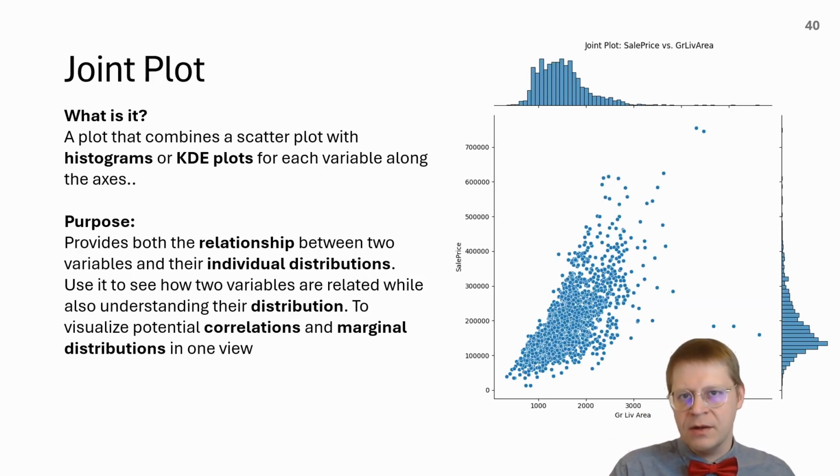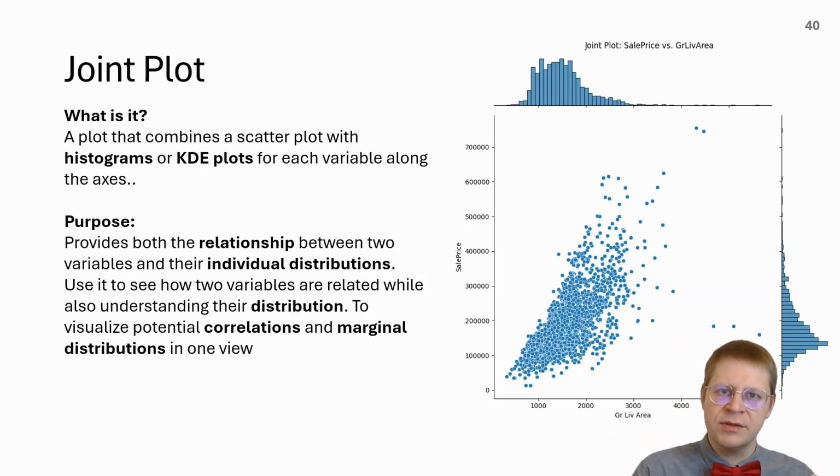Joint plot. A joint plot extends the concept of a scatter plot by adding marginal histograms or KDE plots along the axes. This combined view not only shows you the relationship between two variables, but also gives you an understanding of their individual distributions.